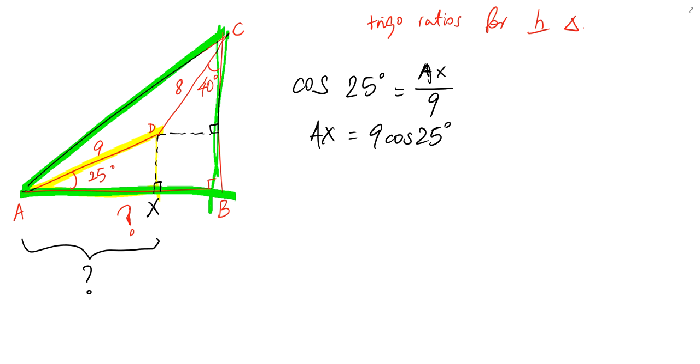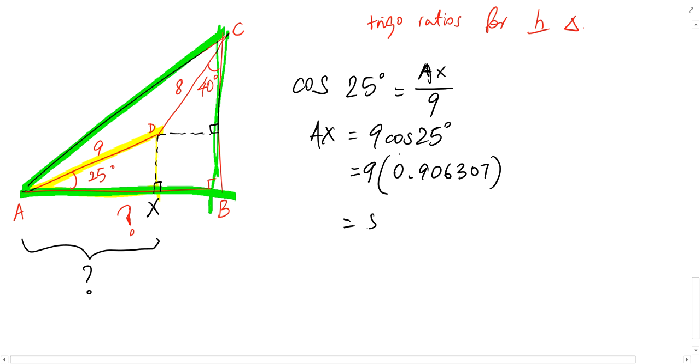So after that, we have to take the number multiplied by 9, right? Is it advisable to write down 9 times, what is your cosine 25? 0.906307. Should we do this? And then we do our times 9 equals to 8.15677. Then you round it off.